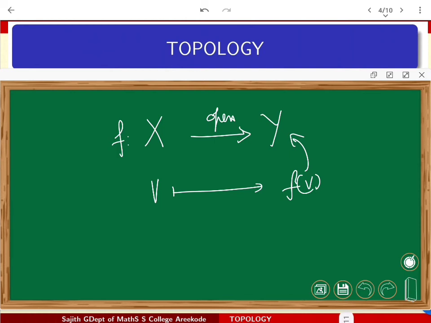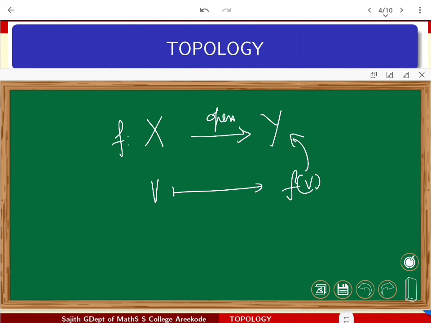There are similarities as well as differences with openness and closedness with respect to continuity. Some features are very similar to the continuity of functions, but there are enough differences too.